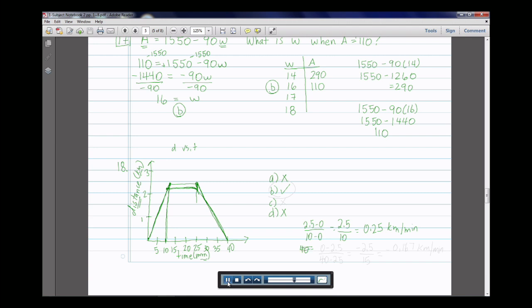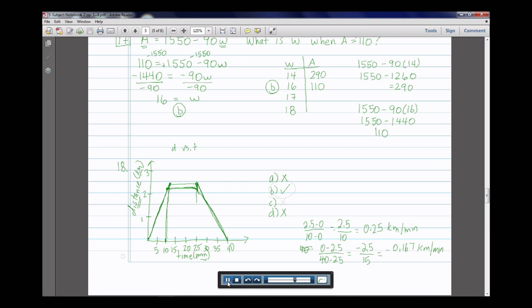The distance that he went from 2.5 down to 0, and the time was 40 minus 25, so you have minus 2.5 over 15, which is minus 0.167 kilometers per minute.